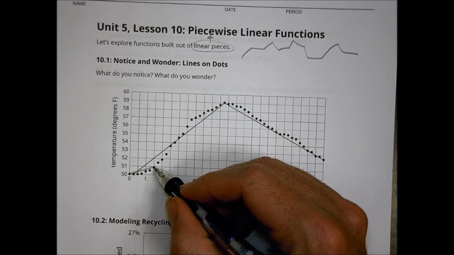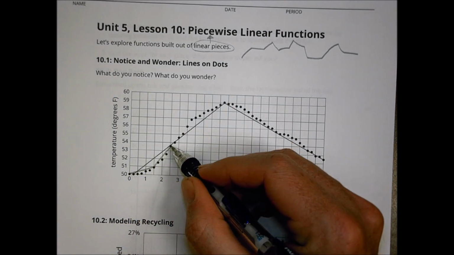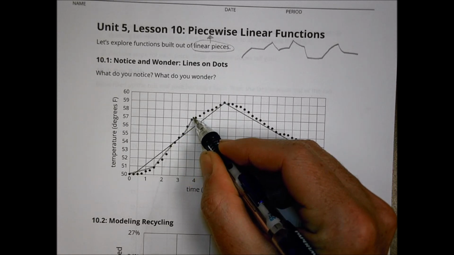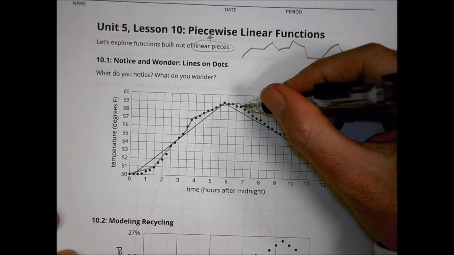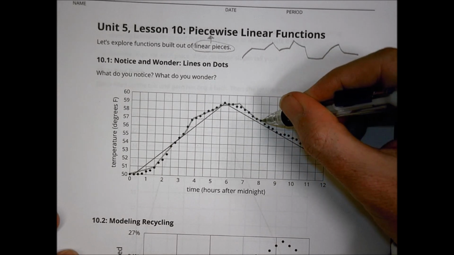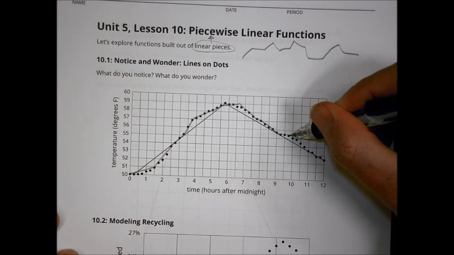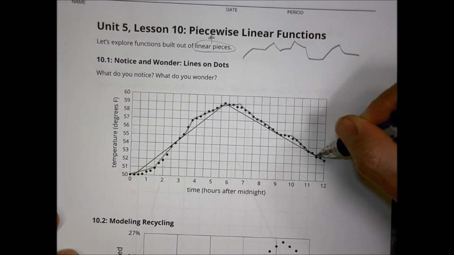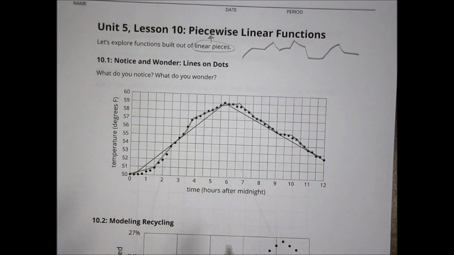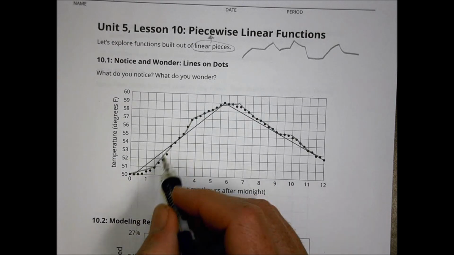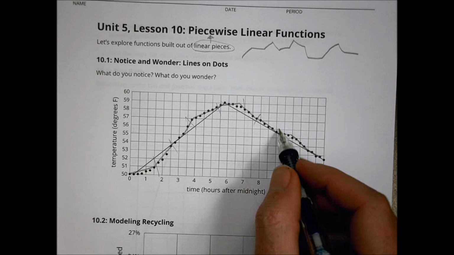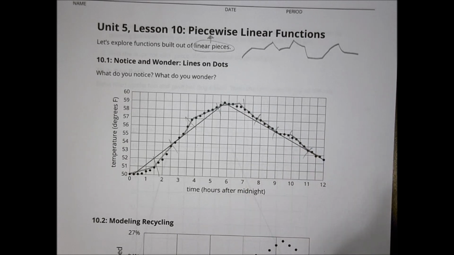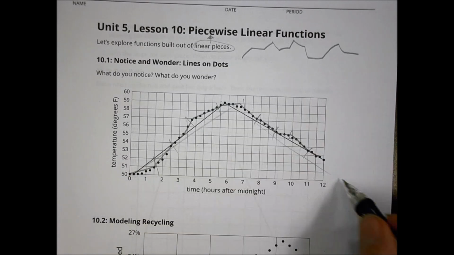In the same sense, I can make a graph that goes from here to here, and that line there, I can go up, a line across, down a little bit, go flat, down a little bit, go across, down a little bit, right? So depending on how I want to see these dots, I can make different segments of this graph to chop it up in what I see happening from smaller chunk to smaller chunk, or just two big chunks.